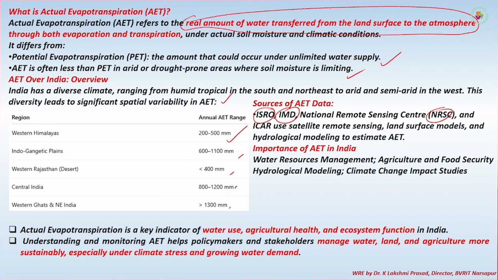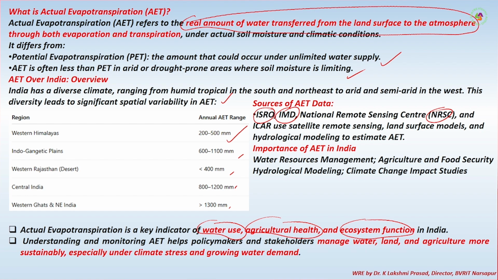What is AET required for? Mainly the same: water resources management, agriculture and food security, hydrologic modeling, and climate change impact studies. Actual evapotranspiration is the key indicator of water use, agricultural health and ecosystem function in India.